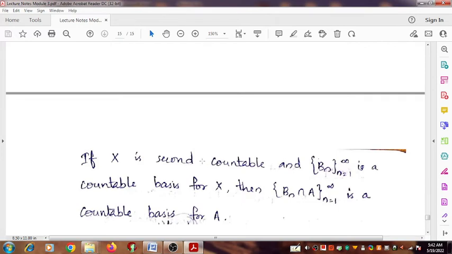Since it is given that X, the whole space, is second countable, there must exist a countable basis Bn.